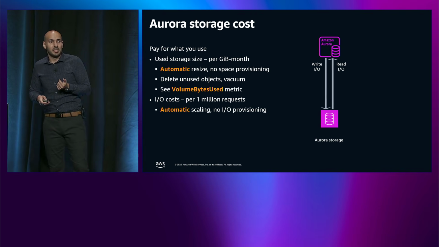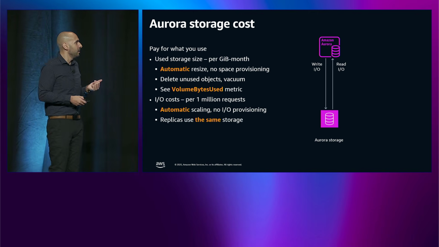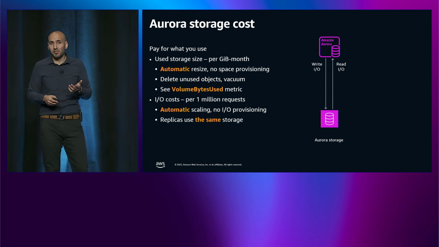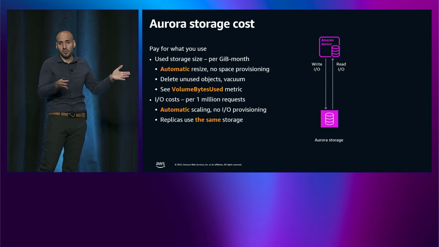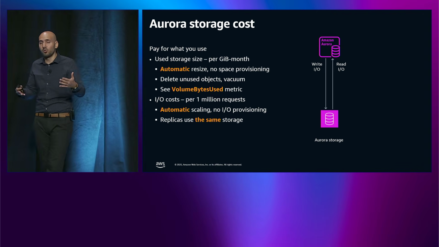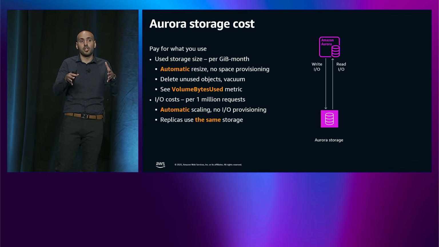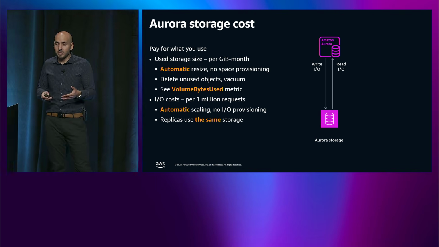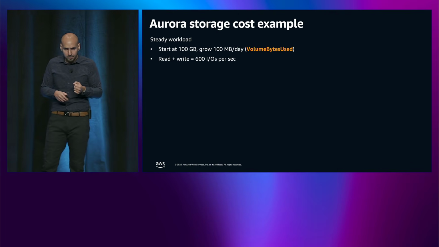I/O is also automatically scalable. You don't need to define IOPS in advance. And I will spoil the surprise for later by telling you right now that the same works with other nodes. So if you add more replicas to an Aurora cluster, they all work against the same shared storage layer. So from that perspective, they all operate the same. And we will see that in a minute.